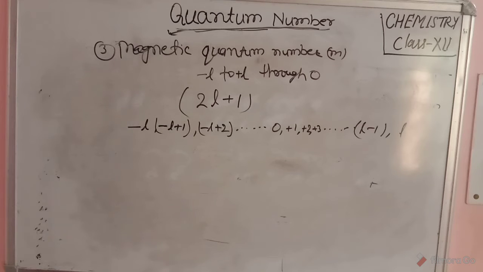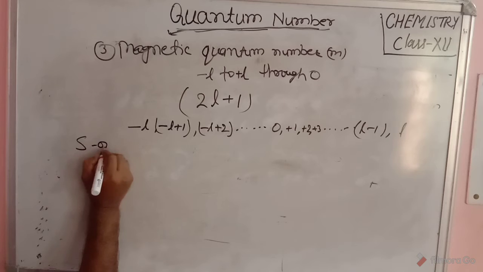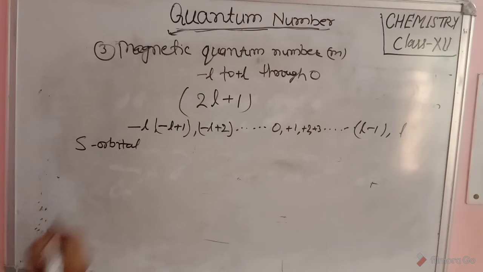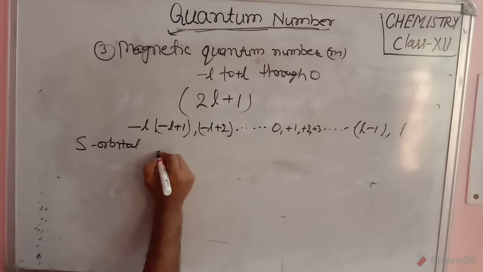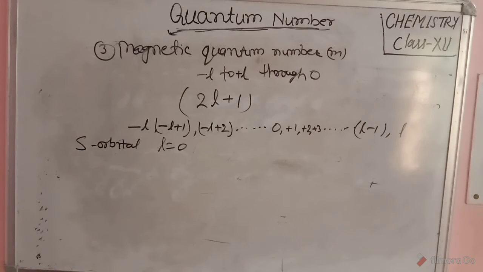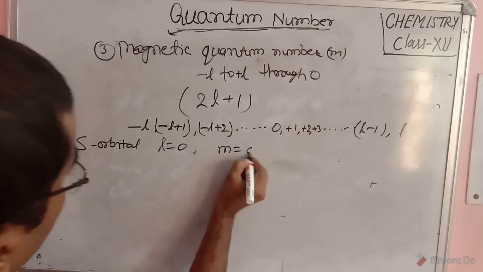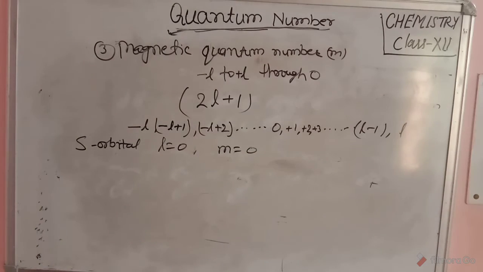Let us suppose for the s orbital, the value of L will be 0. In the earlier azimuthal quantum number discussion, when L is 0, it's an s orbital. So if the value of L is 0, m will be 0. It means only one orientation is possible.